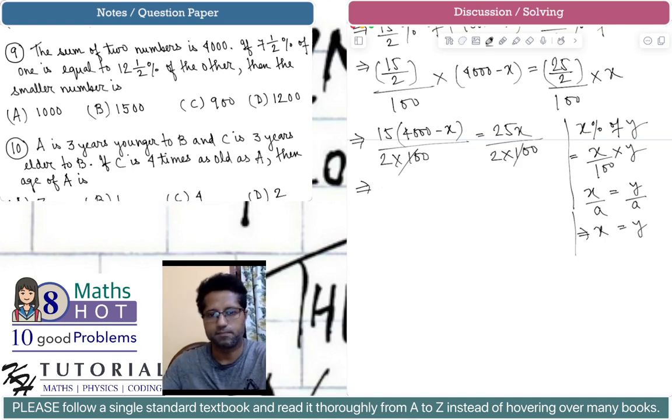Hence, we get 15 multiplied by (4000 minus x) is equal to 25x.